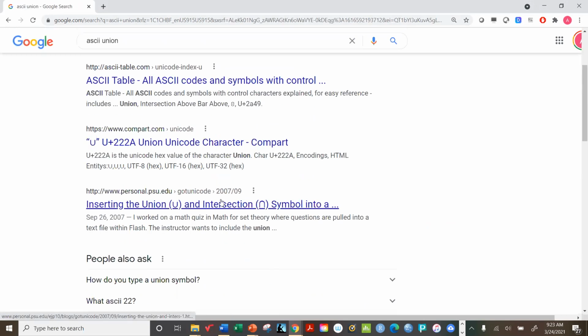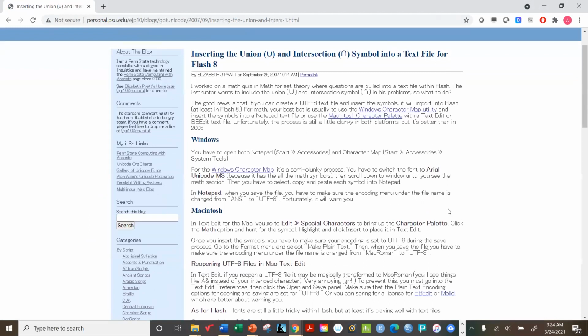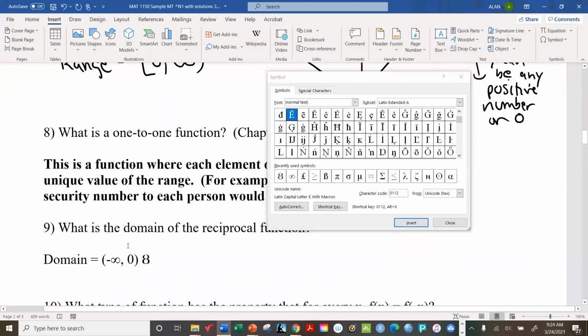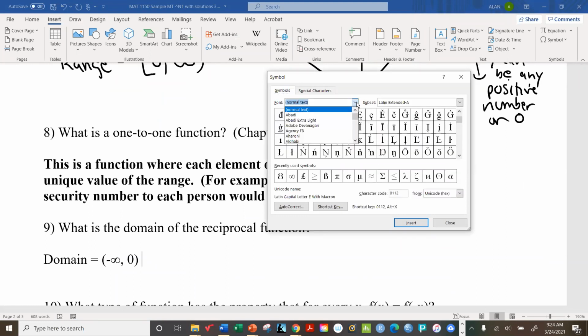Oh, okay, no. It says here, look at this. For the Windows character map, it is a semi-clunky process. Oh, for God's sake. I would say semi-clunky doesn't begin to describe it. You would think that this would be one of the most important symbols.